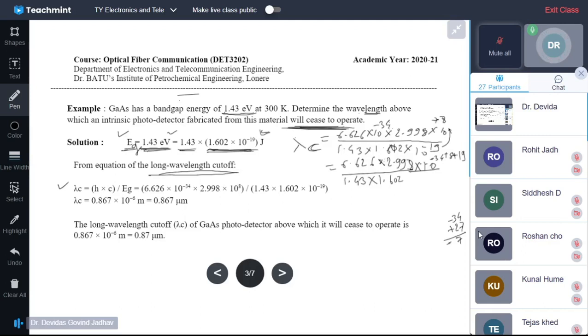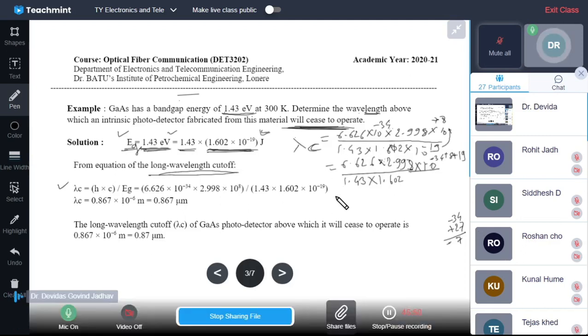That can be simplified by calculator now: 6.626 multiplied by 2.998 multiplied by 10 raised to minus 7, divided by 1.43 multiplied by 1.602.